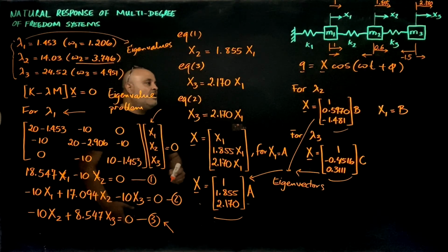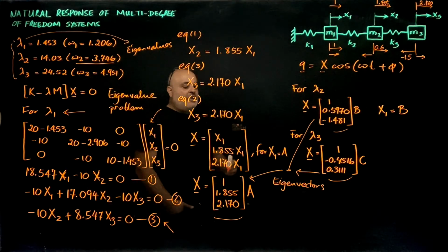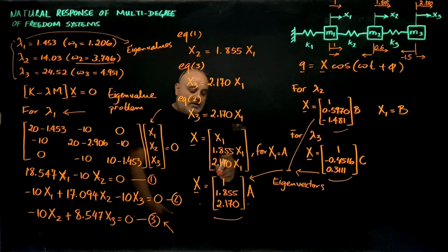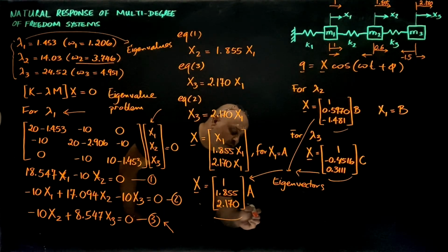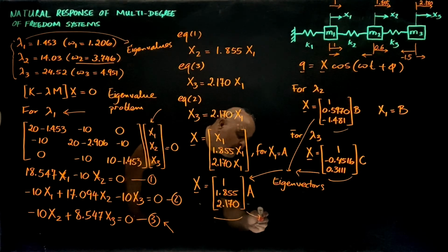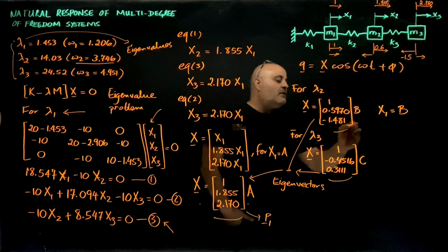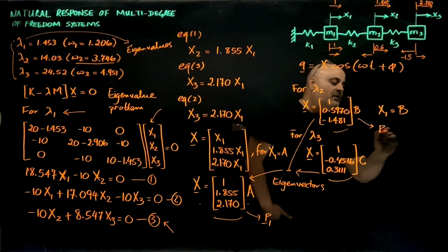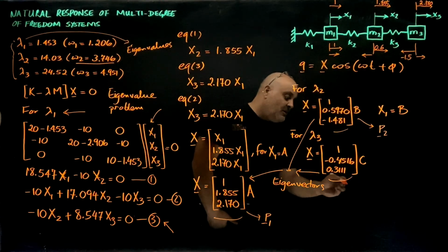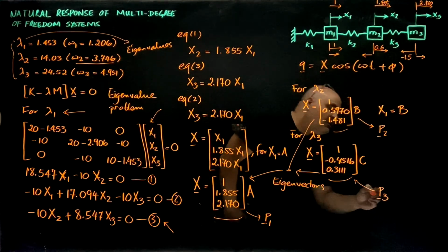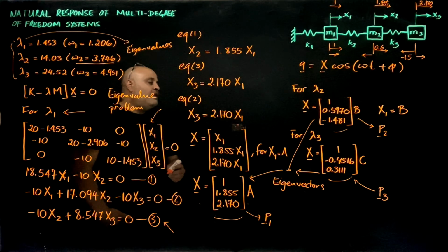So if I name these eigenvectors, let's call this vector p1, this vector p2, and this p3, the three eigenvectors.